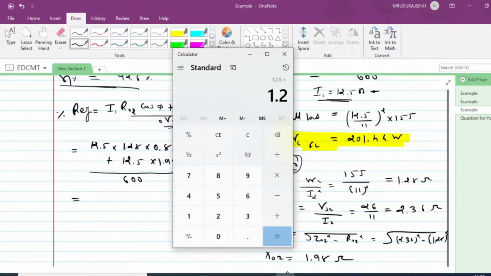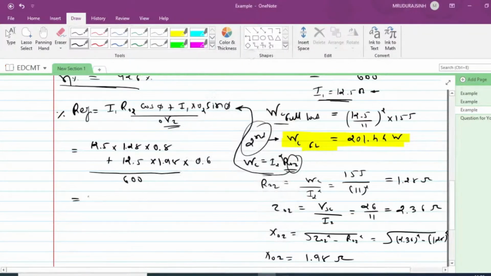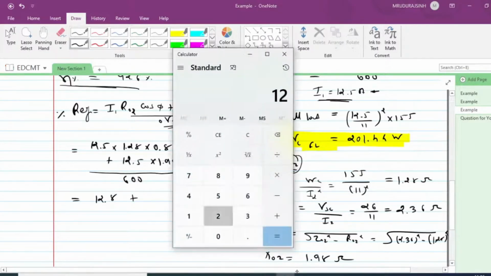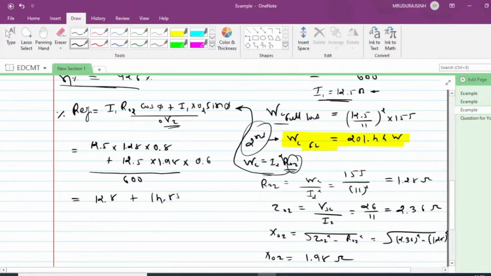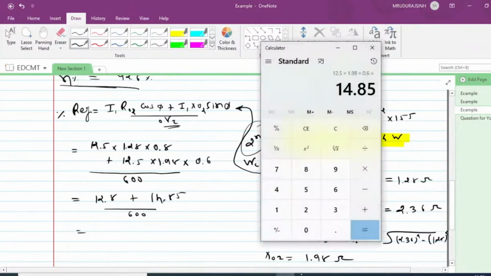12.5 into 1.28 into 0.8 gives us 12.8. So it's 12.8 plus 12.5 multiplied by 1.98 multiplied by 0.6 gives us 14.85, divided by 600. So the numerator comes to 27.65, and divided by 600 that gives us 0.046.